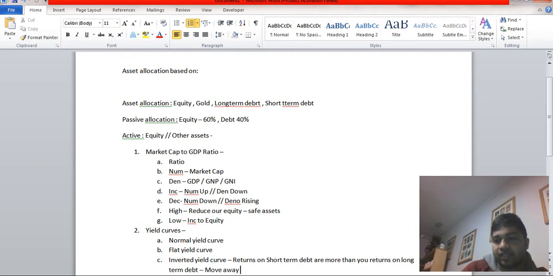So based on this yield curve, again you can make asset allocation decision. So just to summarize, asset allocation means how much money are you allocating to different assets like equity and debt or any other asset for that matter. You can base this decision on two factors, either market cap to GDP ratio, or on the basis of yield curve.